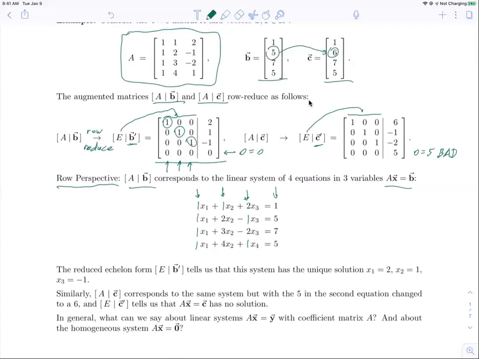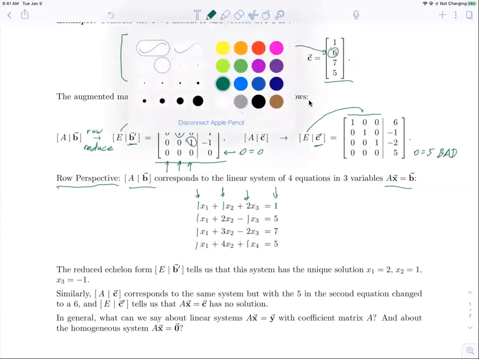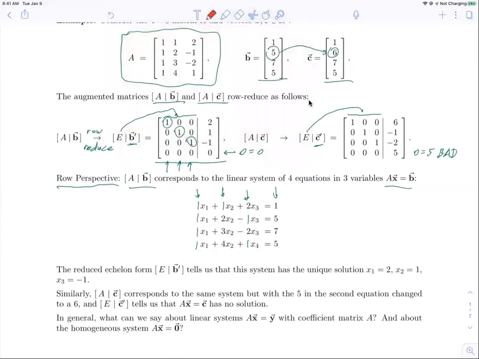And so that's how we think of a matrix in the row perspective: as a system of equations. When we row reduce and read off what we're looking at here, this says x1 equals 2, this one says x2 equals 1, and x3 equals minus 1.